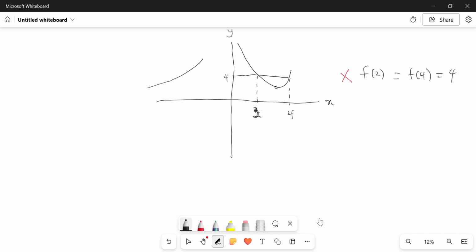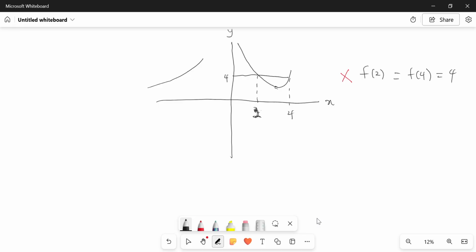So if we have an example that we are showing in this scenario, then we can conclude that the function has no inverse because it's not one-to-one. Please, do we get it? So that's the relation between a one-to-one function and an inverse function. We are saying that every inverse function should first be a one-to-one function.